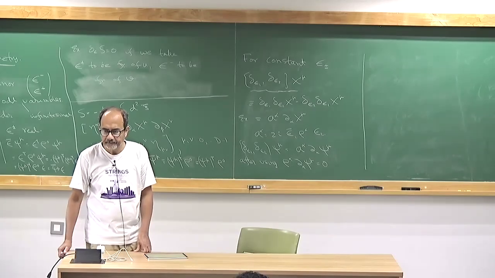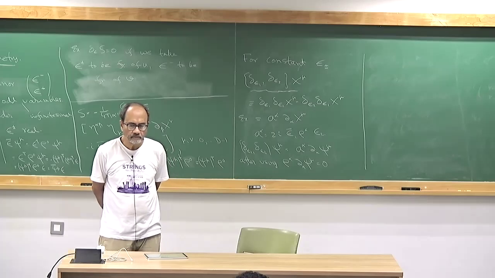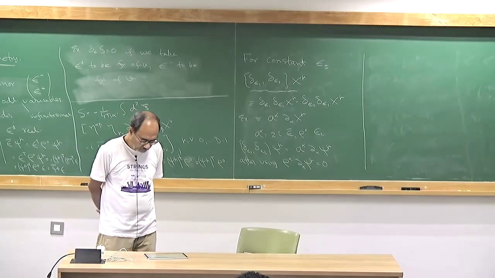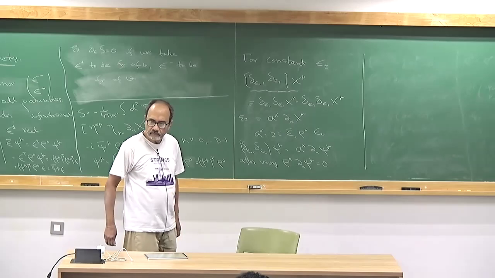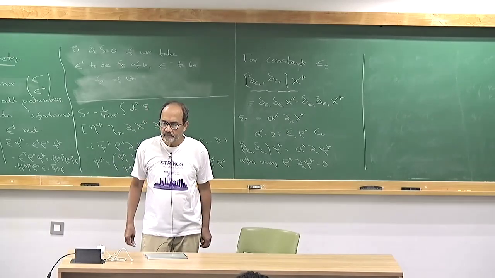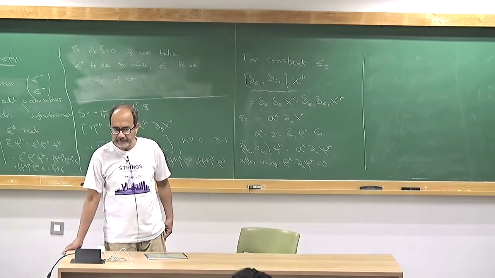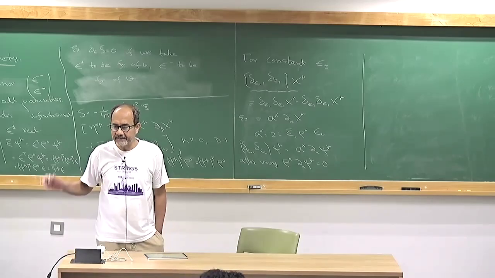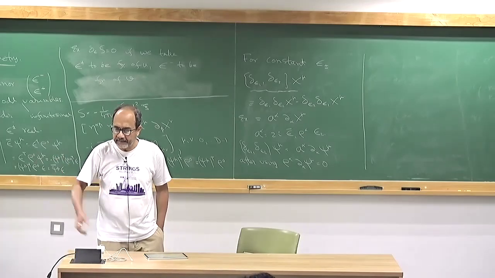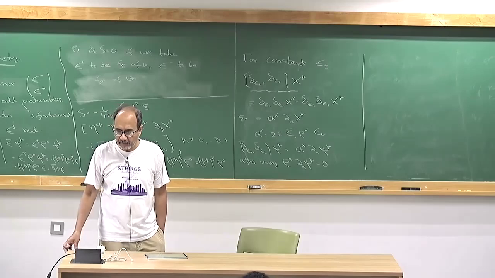Exactly. So this is how you have extended the Virasoro algebra. So it's not just that this has worldsheet supersymmetry, it also has this extended Virasoro algebra, the super Virasoro algebra, in this theory.